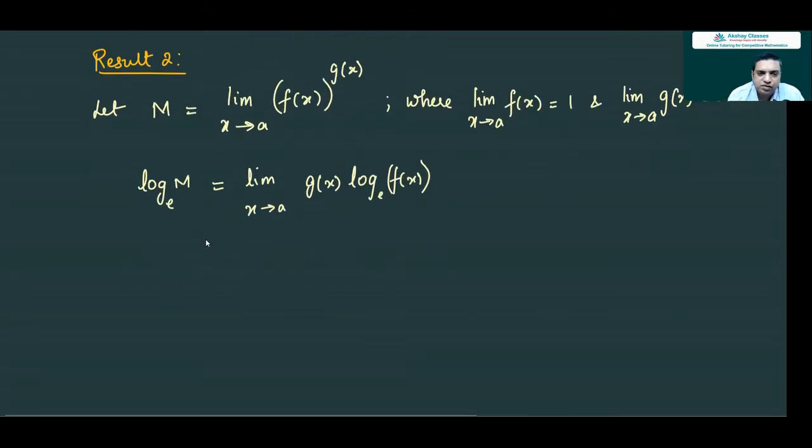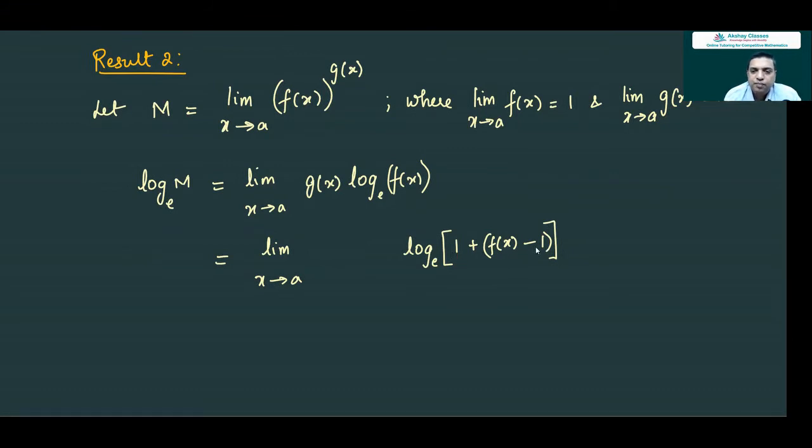Now, what I do is limit x tending to a. I will write this log of f of x, because it is tending to 1, as log of 1 plus f of x minus 1. Now this becomes the form log of 1 plus 0, because f of x is tending to 1. So f of x minus 1 will tend to 0.